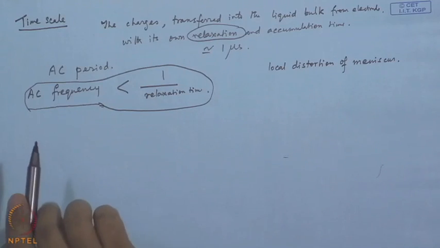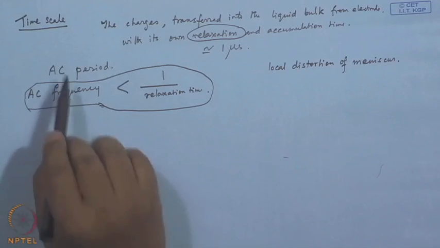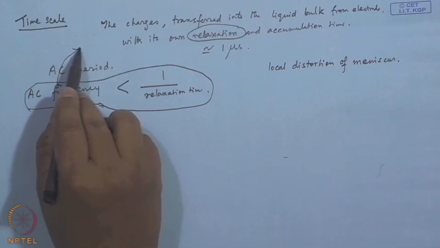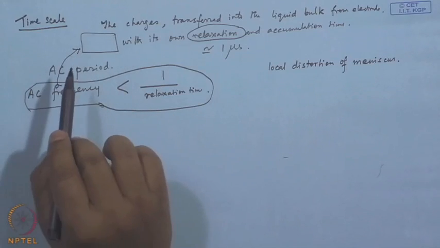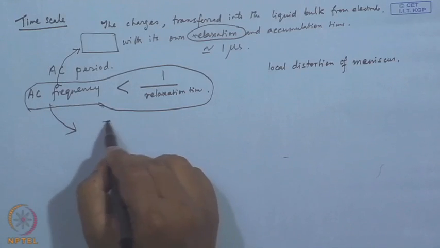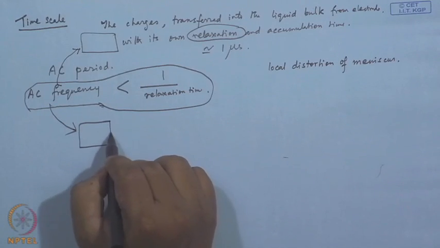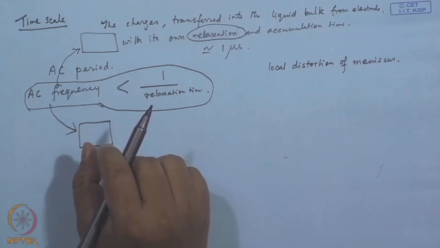So, this AC frequency is linked with both these aspects. One is that this AC frequency has to abide by the demand from the charge relaxation point of view, and it also has to be in tune with the viscous time scale, because if it is just a local distortion of the meniscus, that will not be sufficient.